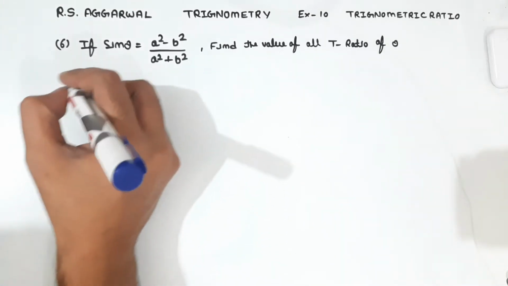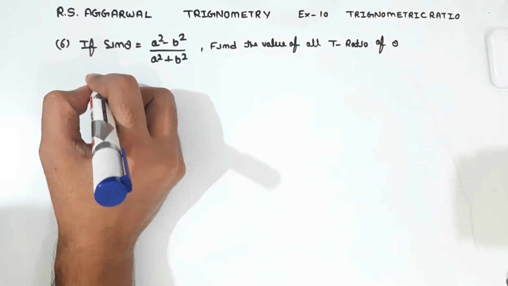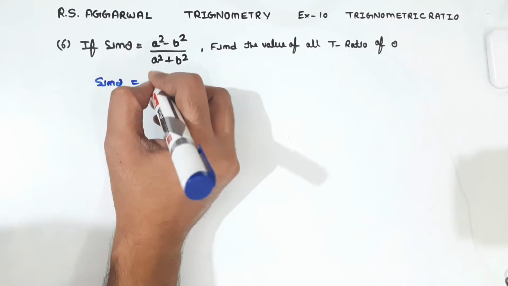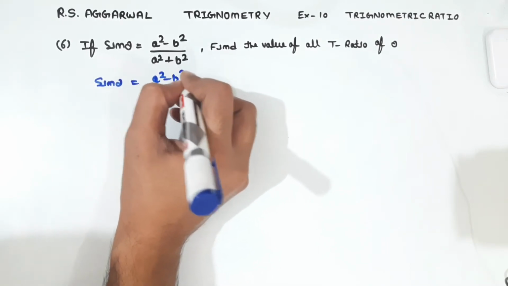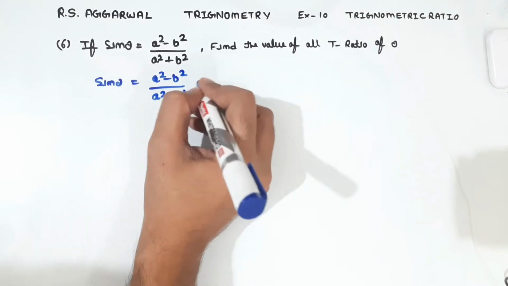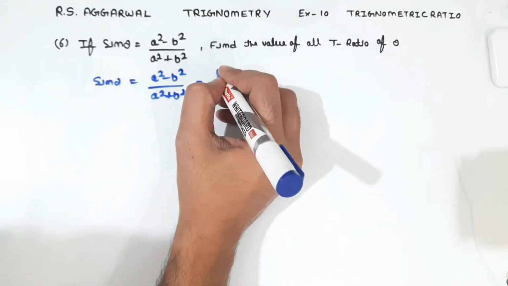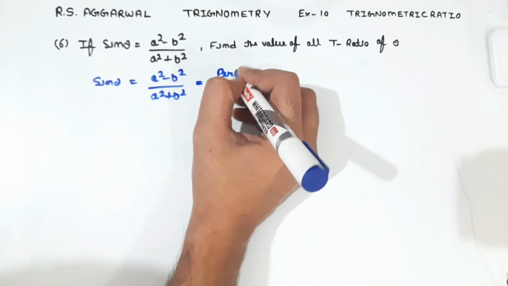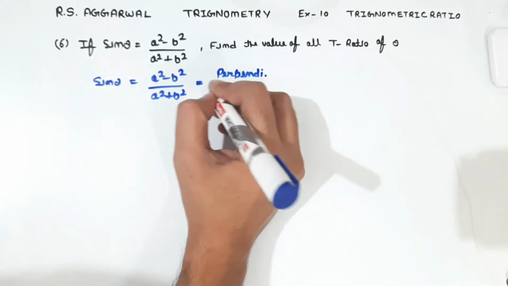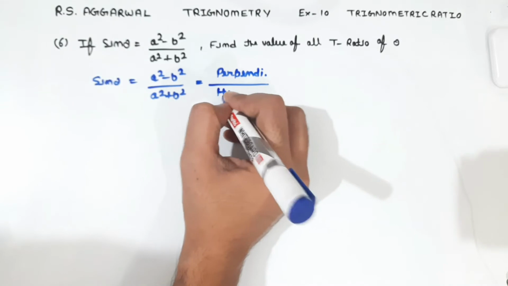So in this problem, we have given that sine theta is a square minus b square upon a square plus b square, and we know that sine theta is given by perpendicular upon hypotenuse.